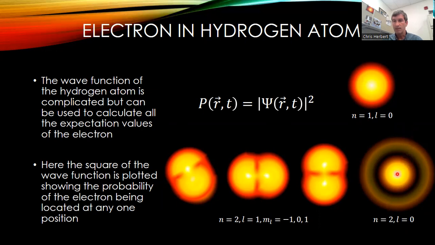We can see here that the n equals 2, L equals 0 state has a radial node. So it's a sphere with a shell of probability around it where the electron would be in that particular shape. Of course, the p orbitals have sort of a dumbbell shape. Although these are not really the wave functions, they're pretty close. They actually represent the probability, which is the wave function squared. So that would be one particular application.